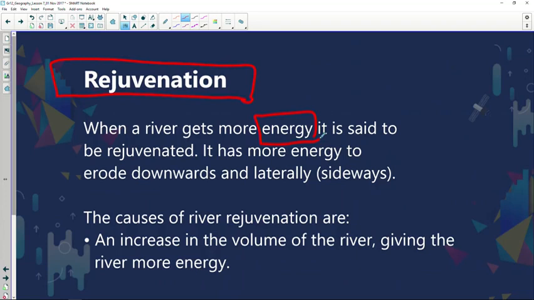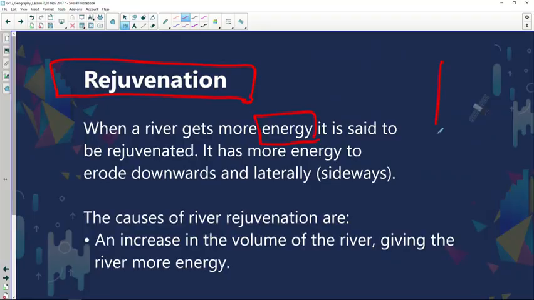But in this case, what happens with rejuvenation? If a river gets more energy, what do you think increases? Volume of water and velocity of water. And when we increase the volume and the velocity of water, what's going to happen?